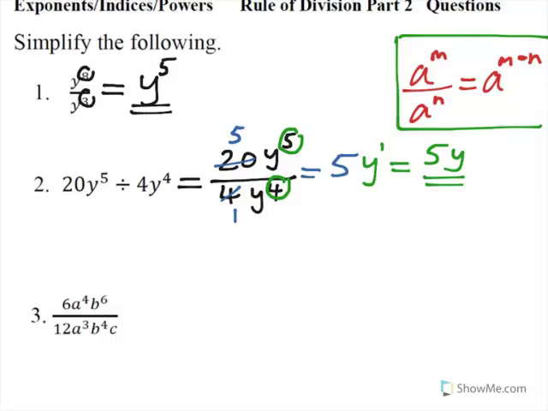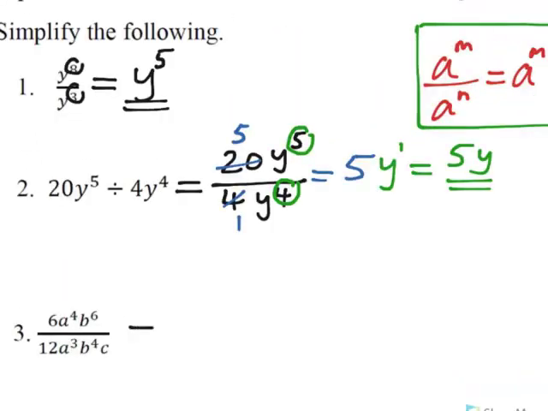This next one is a bit more involved. Hopefully you can see that the 6 will cancel with the 12. 6 into 6 is once, into 12 is twice, so there'll be a half in it. And a to the power of 4 divided by a cubed, 4 minus 3 is 1. We just write a on its own.